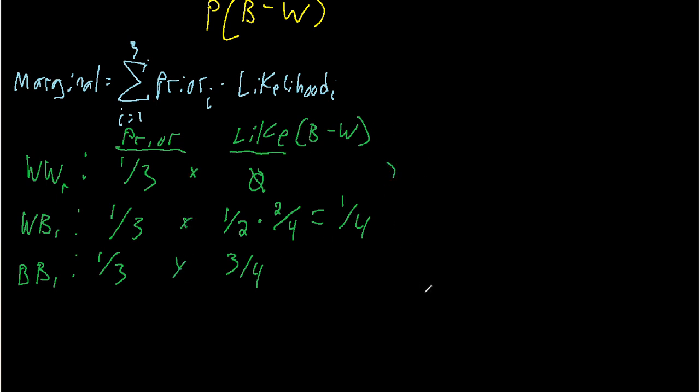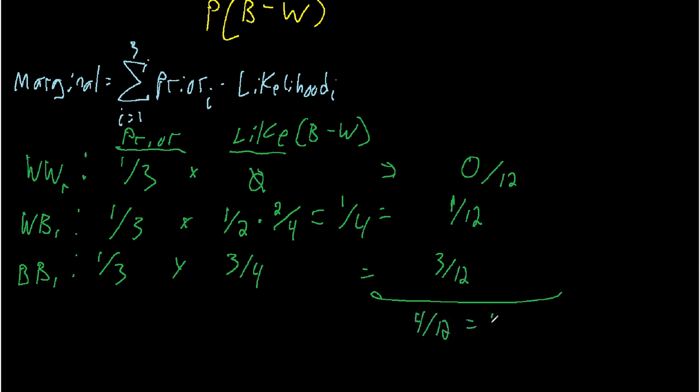So 1/3 times 0 is just 0. 1/3 times 1/4 is 1/12. Then 1/3 times 3/4 is 3 out of 12. I'll make this 0 out of 12, just for good measure. If I sum all of these up, I get 4 out of 12, and 4 out of 12 equals 1/3 as our marginal.